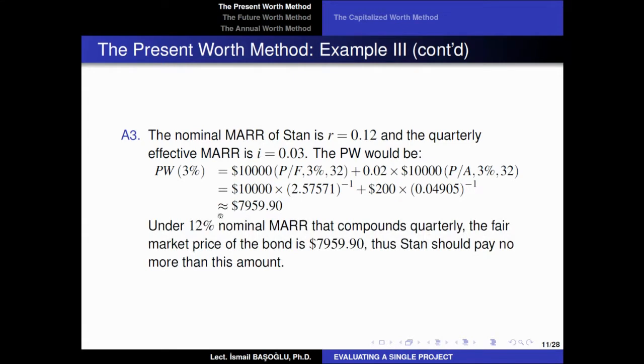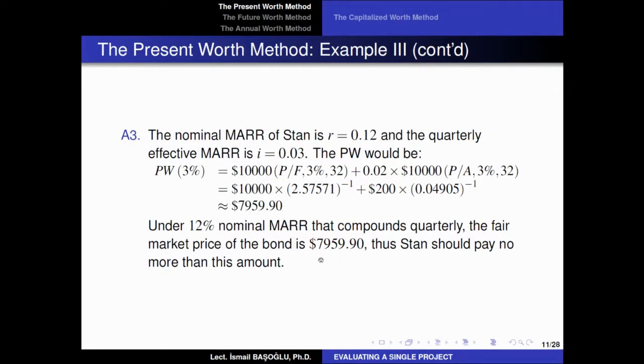So this means that if the nominal minimum attractive rate of return of Stan Moneymaker is 12%, which compounds quarterly, then the fair market price of the bond is $7,959.90. That is the maximum amount that Stan should pay if he wants to get a 12% nominal minimum attractive rate of return that compounds quarterly.